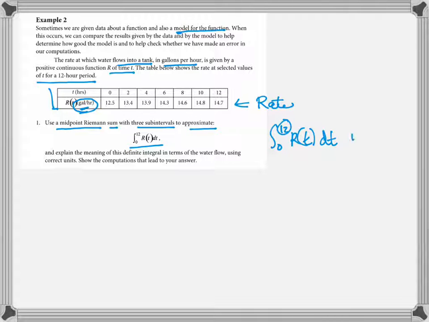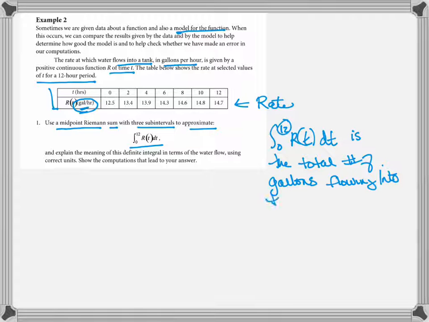So that is the total number of gallons flowing into the tank from 0 to 12 hours. All right, so that's you explaining what that means.